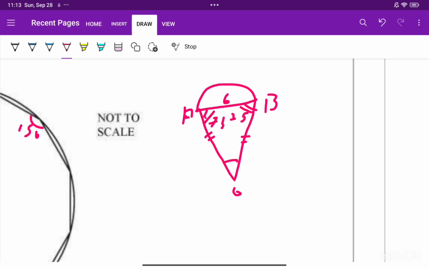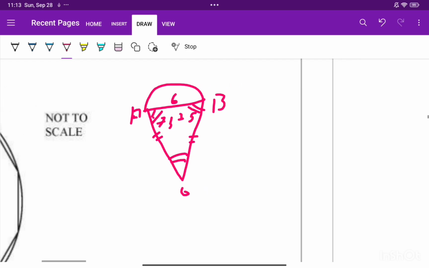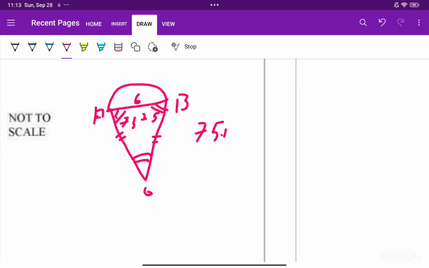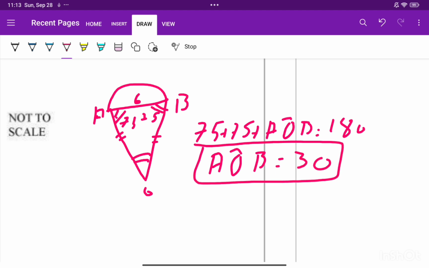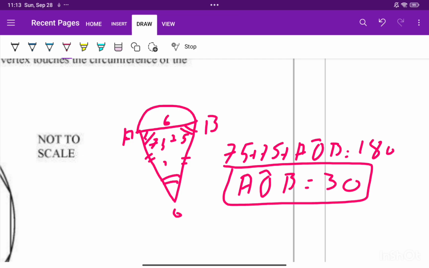And we can find this angle as the sum of triangle angles adds up to 180. So 75 plus 75 plus AOB equal to 180. So AOB will be equal to 30.